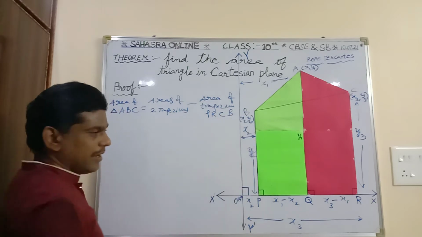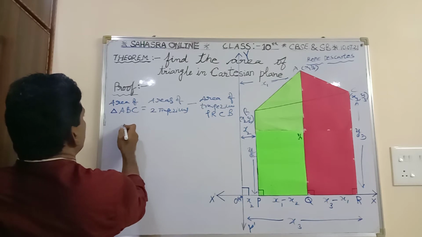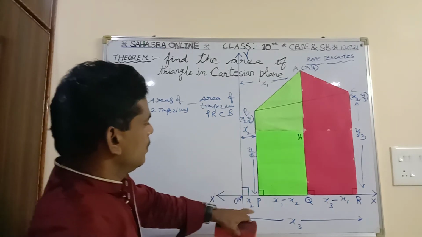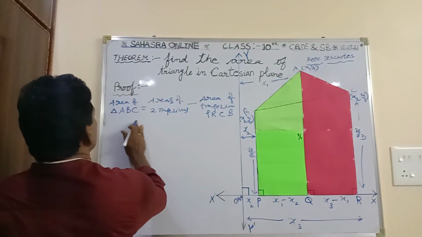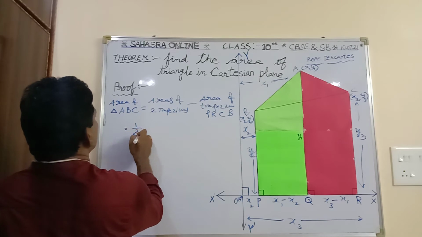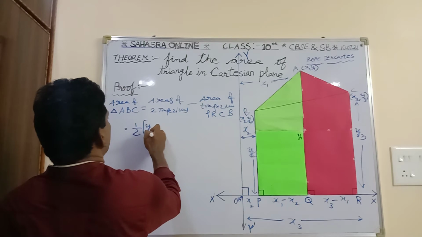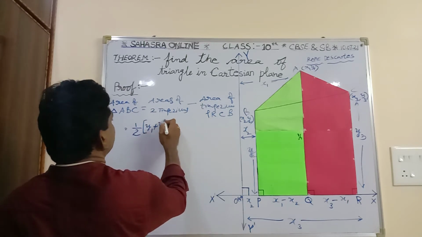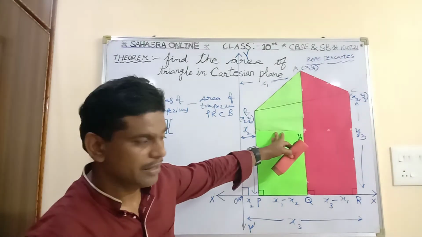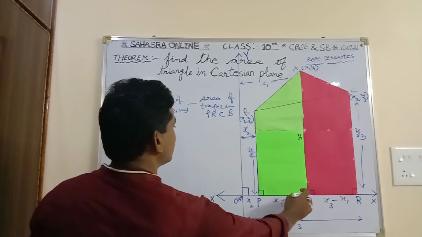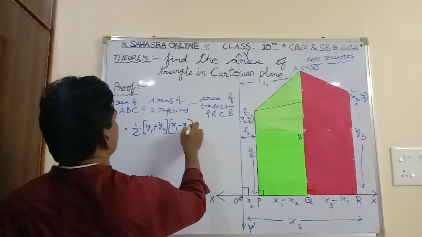Okay, so areas of two trapeziums equal to, this is one parallel side, this is other parallel side, so half into (y2 plus y1), I am finding the greenish area of trapezium, and distance between them is x1 minus x2.